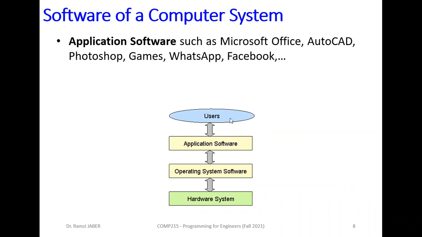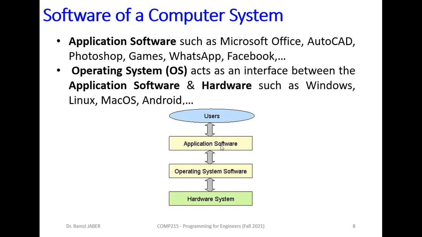So the user will use one of these application software. Then the operating system software, like Windows, Linux, Mac OS, iOS, Android, and so on, acts as an interface between the application software and the hardware system. So the user will use an application, any application.